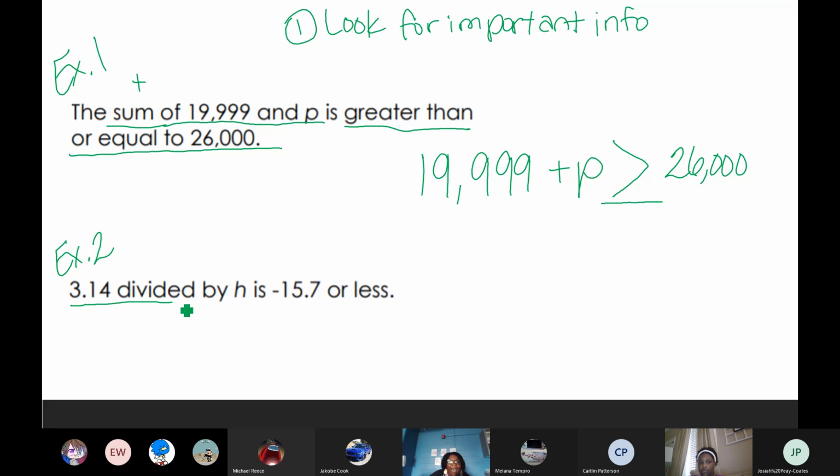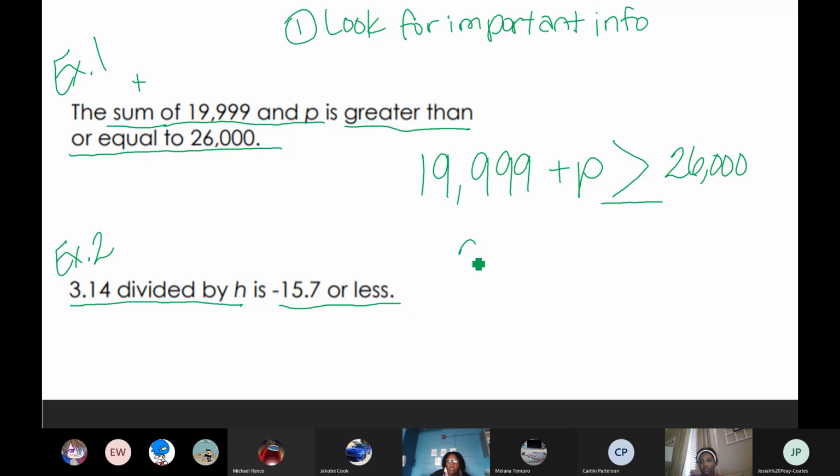3.14 divided by h is negative 15.7 or less. So let's look here.